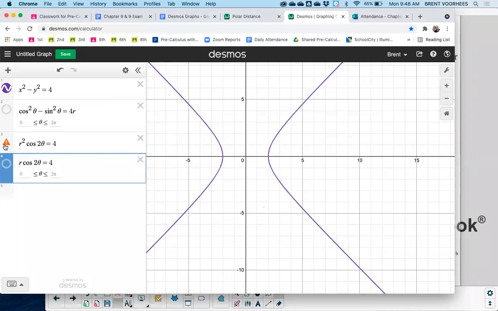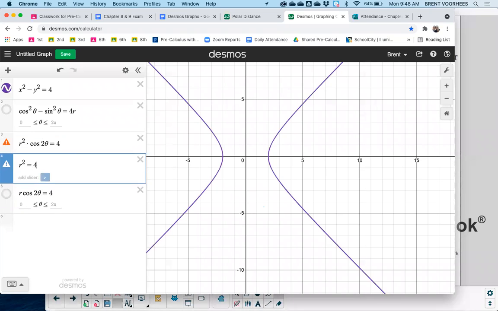C, the error here is it needs to be solved in terms of R. So I'm going to try something here. I'm going to solve for R. This R is multiplying. What's the opposite of multiplication? Dividing. So I'm going to type this in and see if it'll work this way.